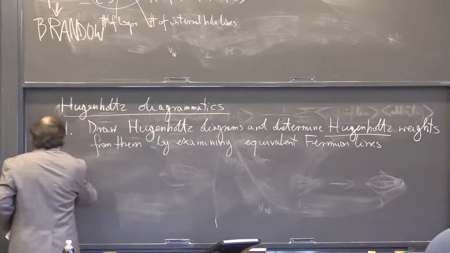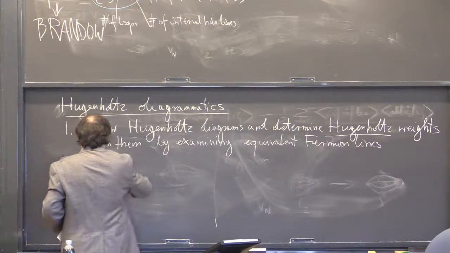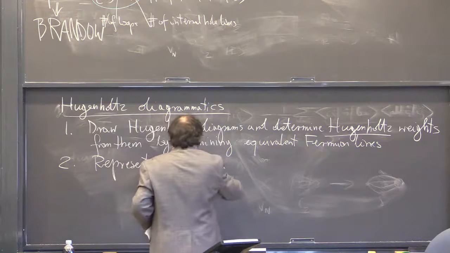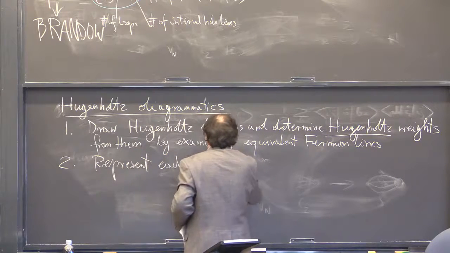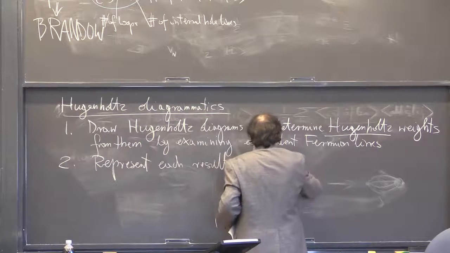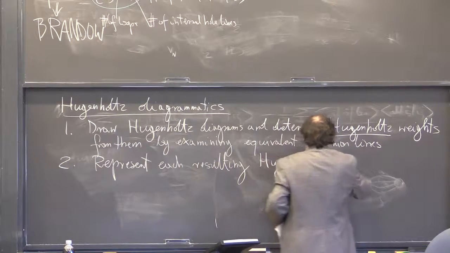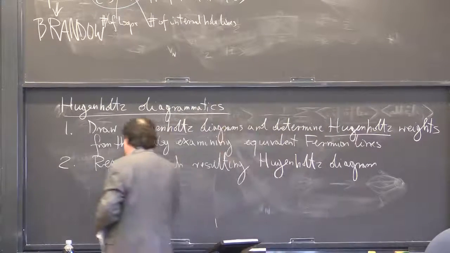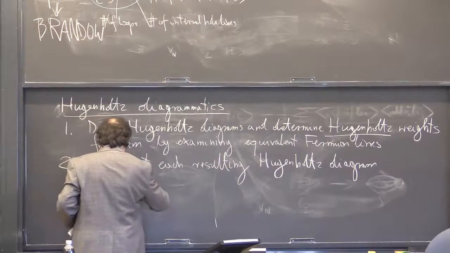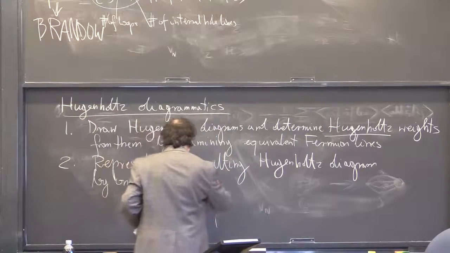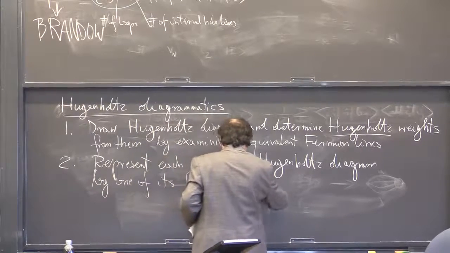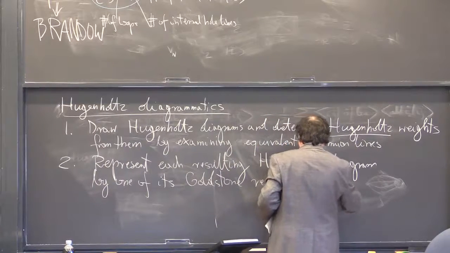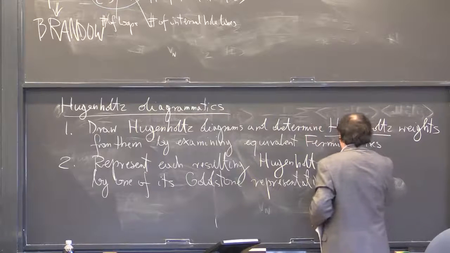Then the second step that you take is represent each resulting Hugenholtz diagram by one of its Goldstone representatives, which we call the Brandow diagram now.